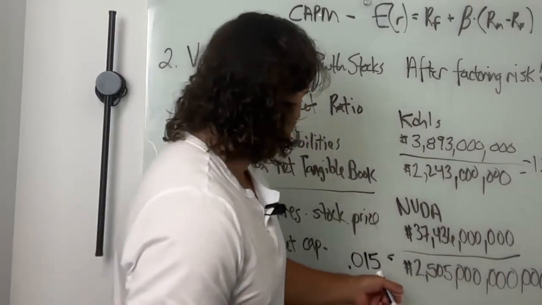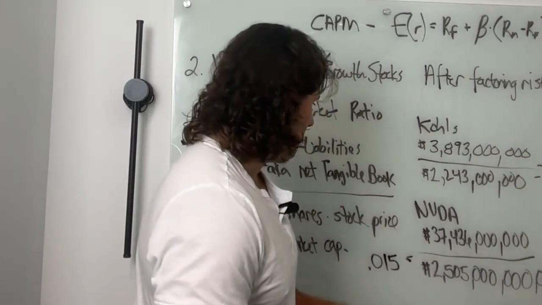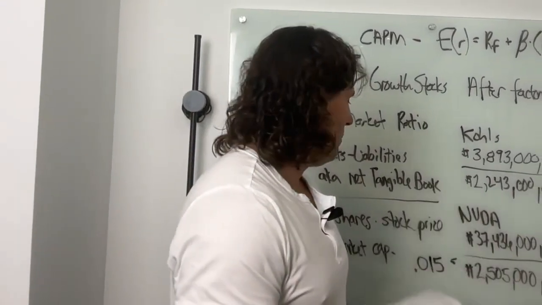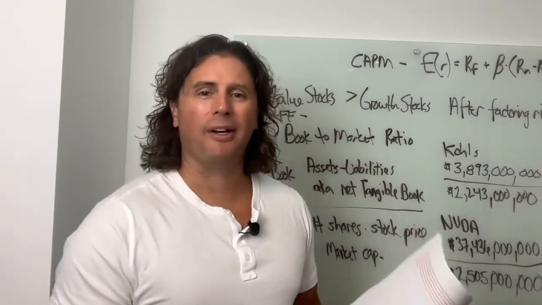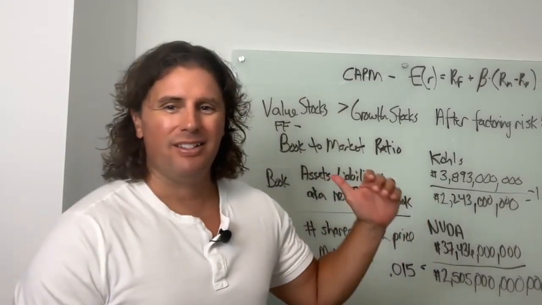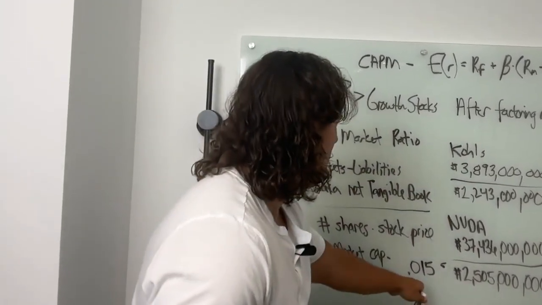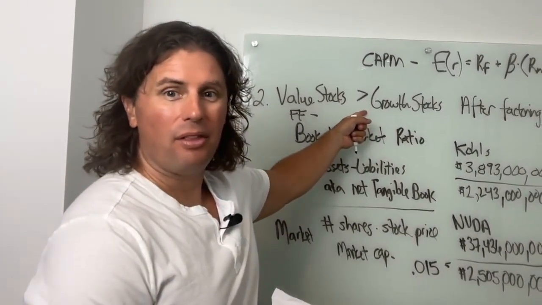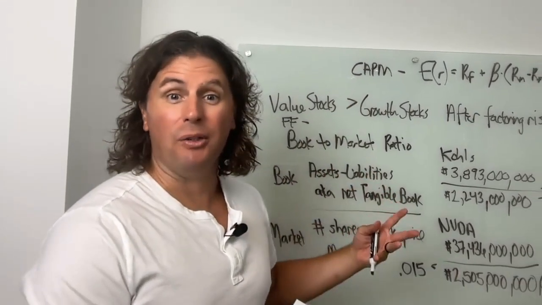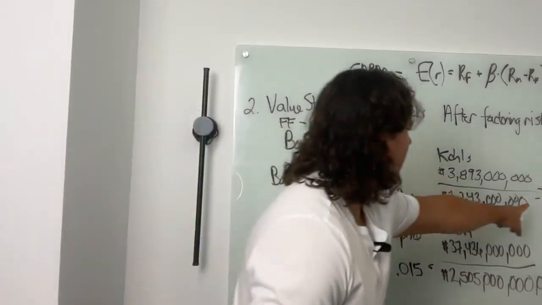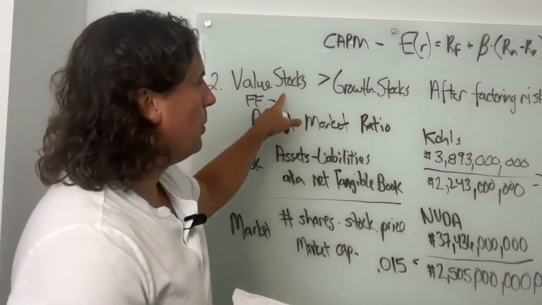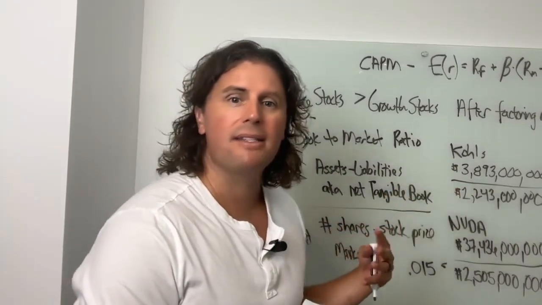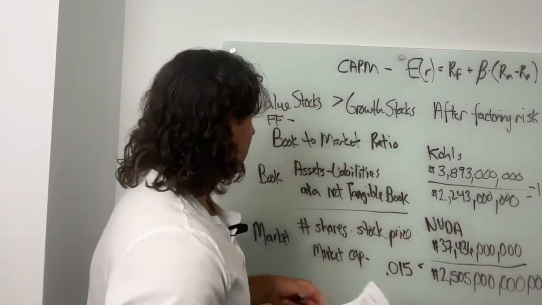So the net assets are 1.5% of the actual market cap. And so you can see here, the lower we go, the higher the growth. This is less value, essentially. And the higher numbers we get, this is what we would consider better value, because we're going to try to buy it at a lower price and let that increase over time.